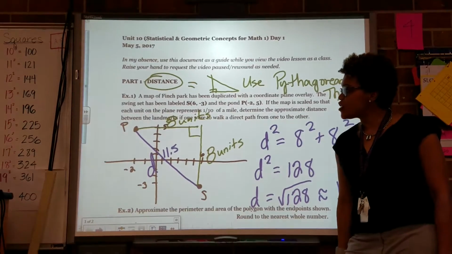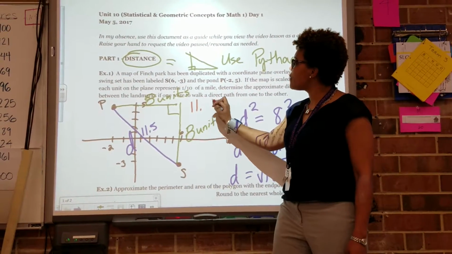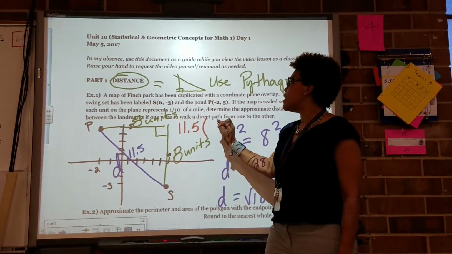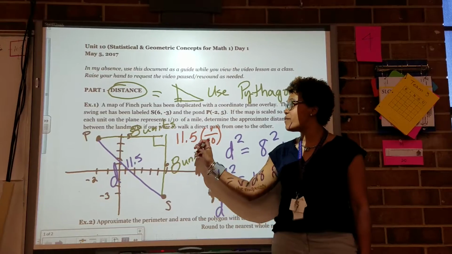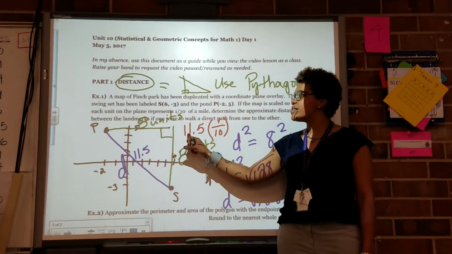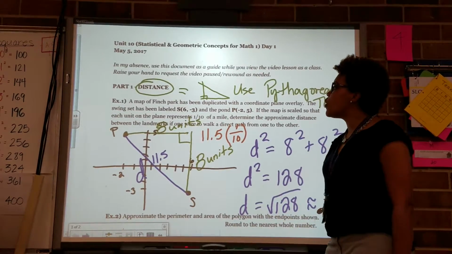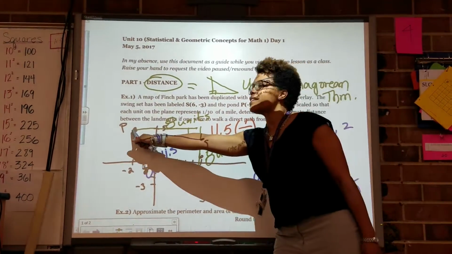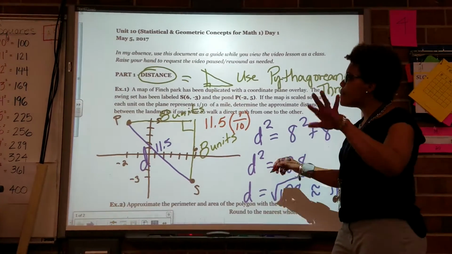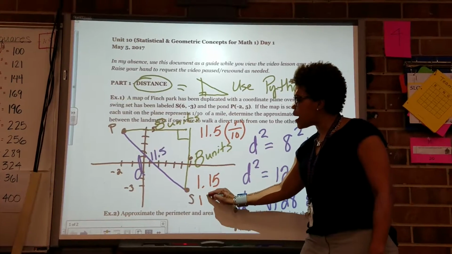So to answer the question, I would need to say 11.5 of these 1/10 miles. And we know in our heads that dividing by 10 just moves the decimal place over to the left one place. So we would say that the answer is that the pond and the swing set are about 1.15 miles apart.